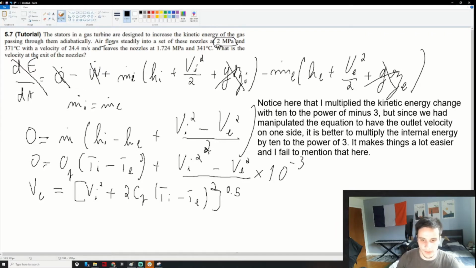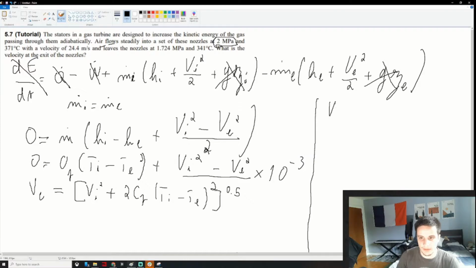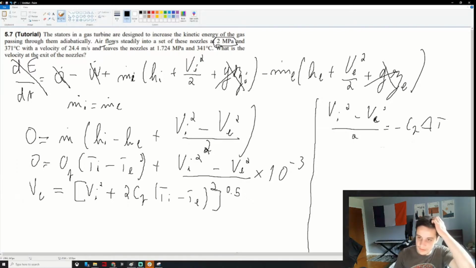Just to recapitulate how we got there, just some calculus gymnastics. So vi squared minus ve squared, divided by 2, is equal to minus cp times (t2 minus t1), which you just replace by delta t.